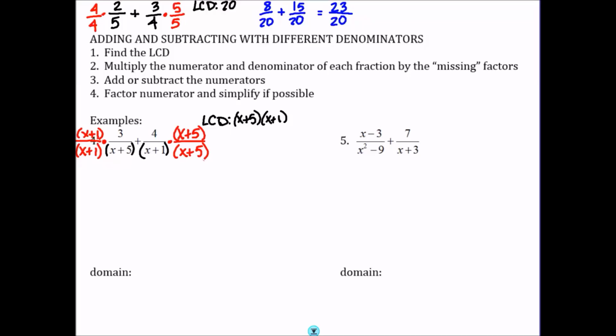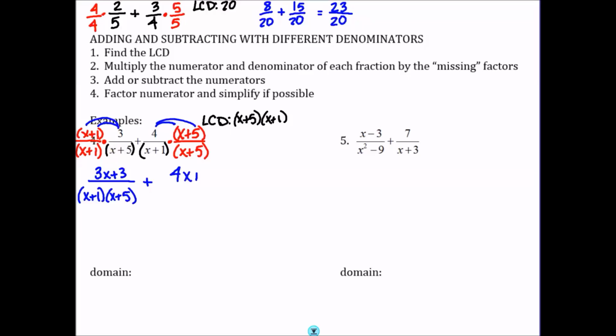So now you need to go ahead and multiply. So in the numerators, we need to distribute the 3 to get 3x plus 3 over x plus 1, x plus 5. Then for the second fraction, you need to distribute the 4.